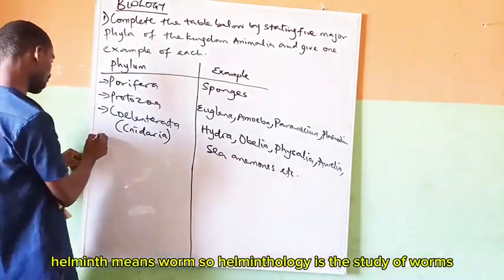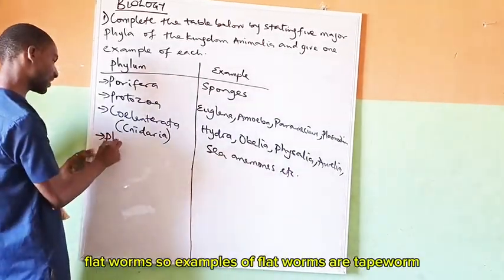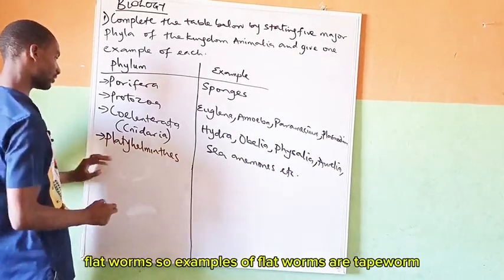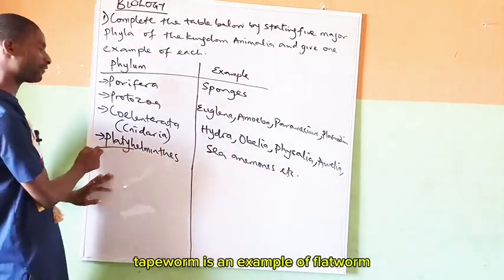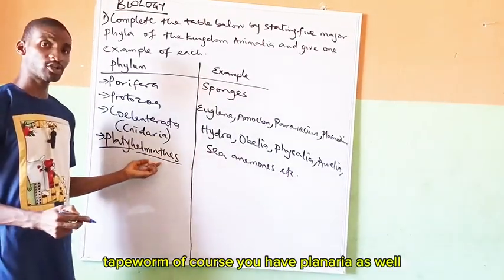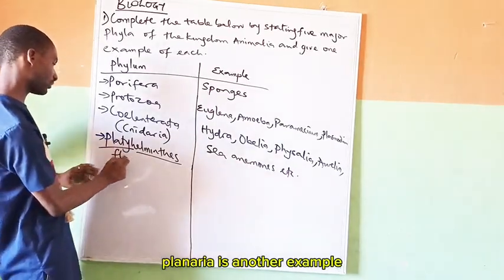They live in water. After the coelentrates, the next is Platyhelminthes. What is the meaning of Platyhelminthes? Platy means flat. Helminth means worm, so helminthology is the study of worms. So Platyhelminthes are flatworms.